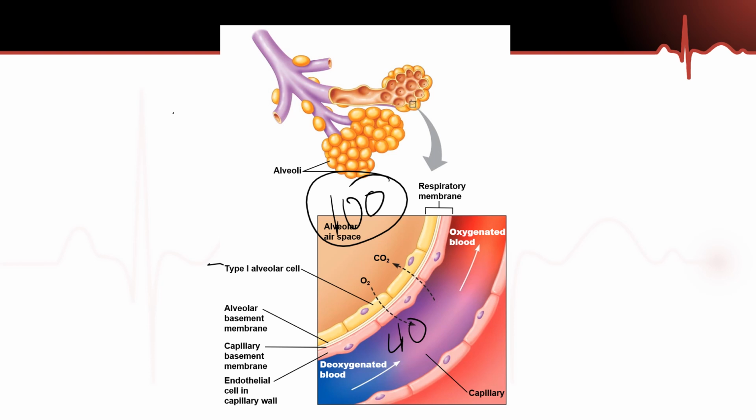That's a partial pressure gradient, as we would call it. So you would say, well, where do you think oxygen wants to go? It wants to move down its pressure gradient. Okay? It wants to move from the air within the atmosphere into the blood plasma of the blood that exists in the pulmonary capillaries.